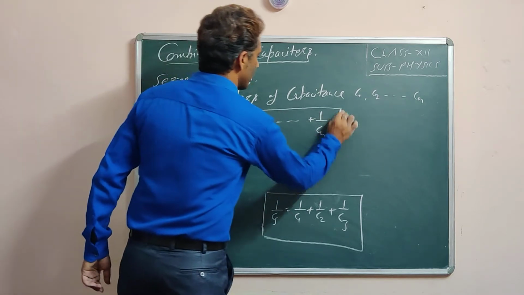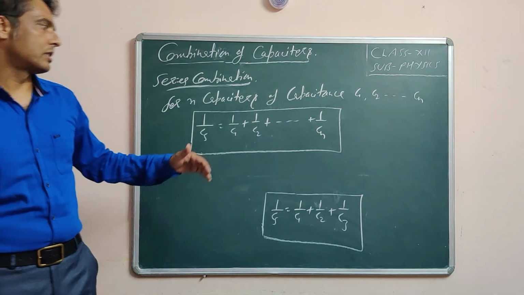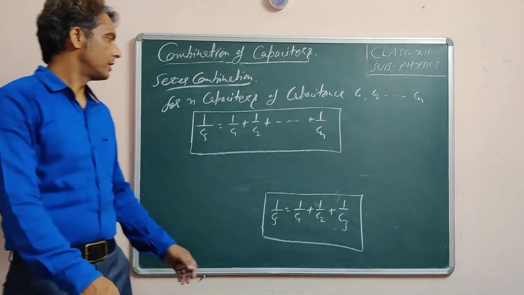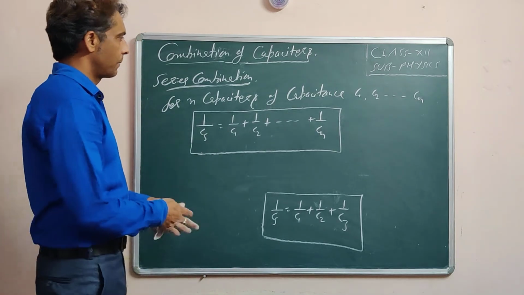So we can use this formula for finding net capacitance when different capacitors are connected in series. So next, parallel combination.